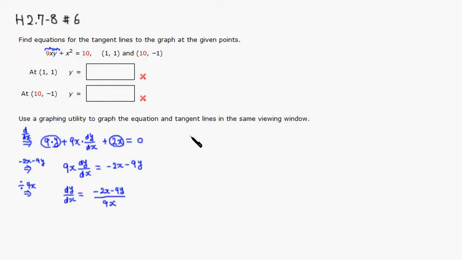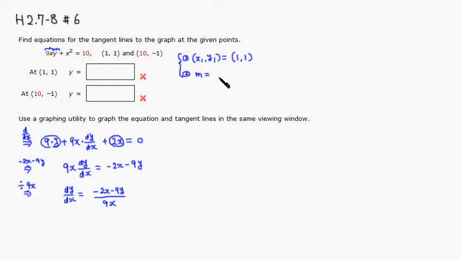Since we're looking for the equations of the tangent line, we have to find a couple of things. First, let's do the one at (1, 1). So (x1, y1) is given to be (1, 1). The slope, m, we can find by plugging in 1 for x and 1 for y.